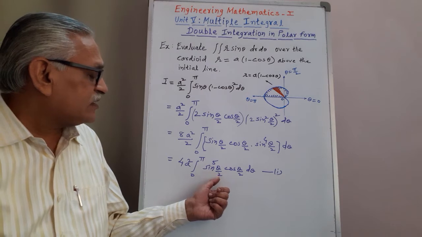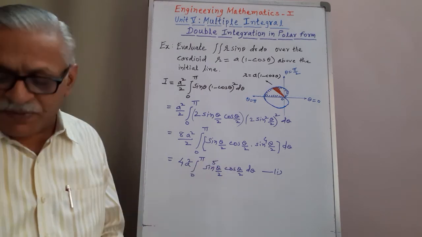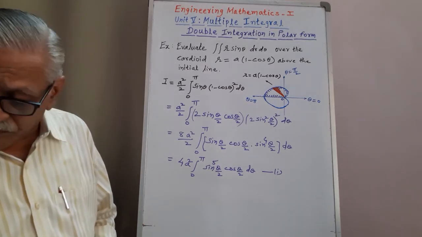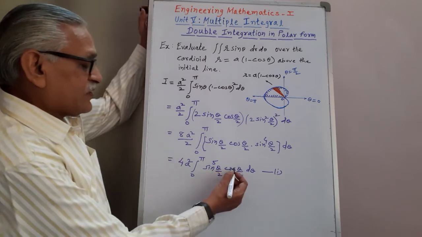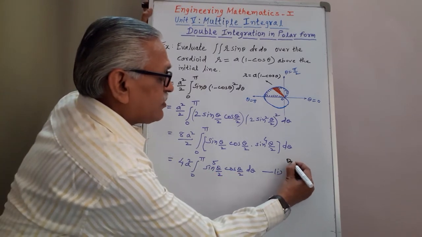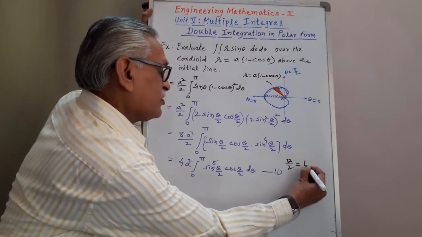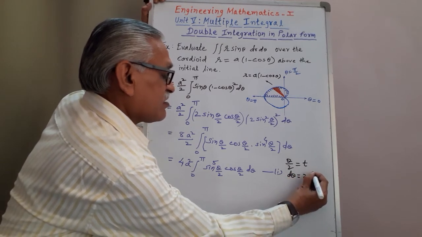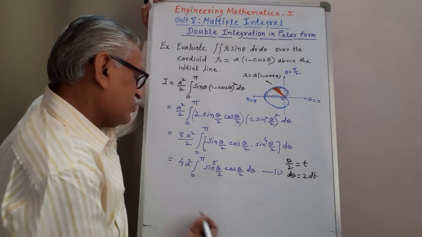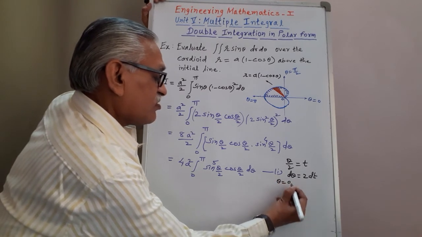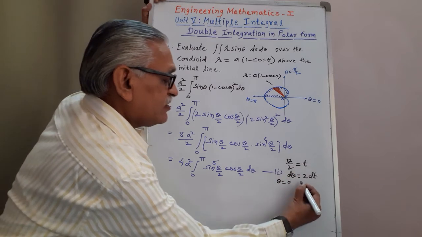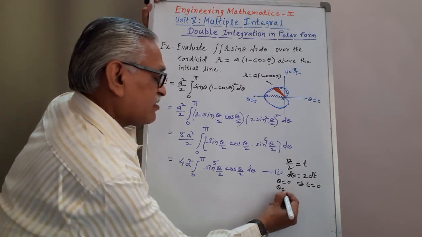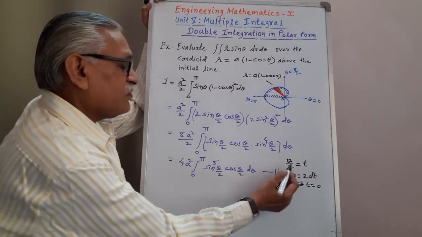The formula is for sin theta raised to m cos theta raised to n with limit 0 to pi by 2, but here the limits are 0 to pi. Therefore we use a substitution: put theta by 2 equals t. Differentiating it, we get d theta equals 2 dt, and the new limits: when theta is 0, we get 0 by 2, so t equals 0, and when theta is pi, we get pi by 2.